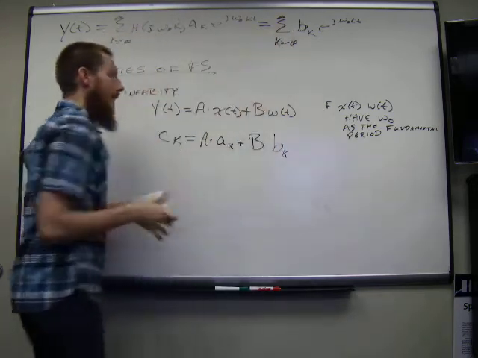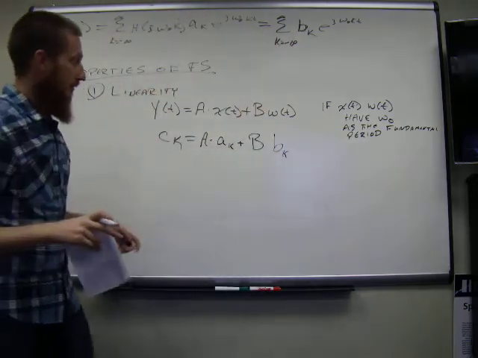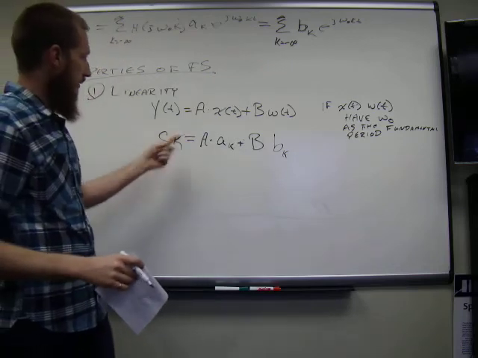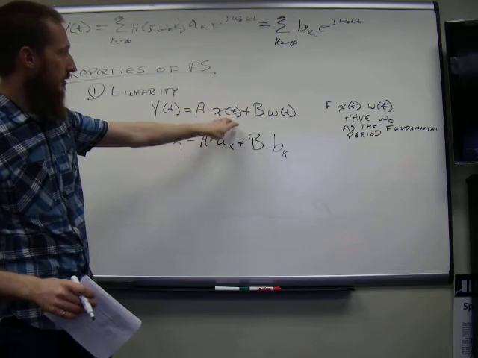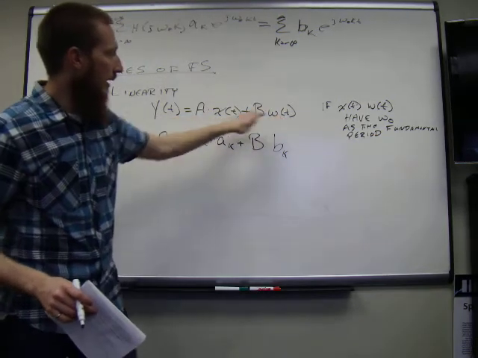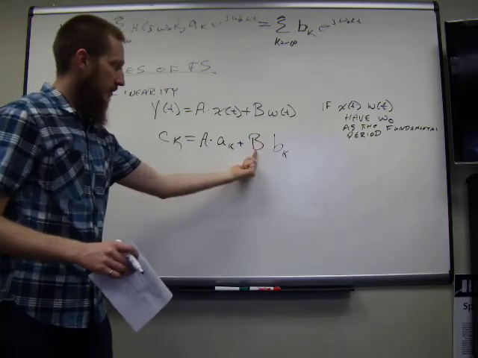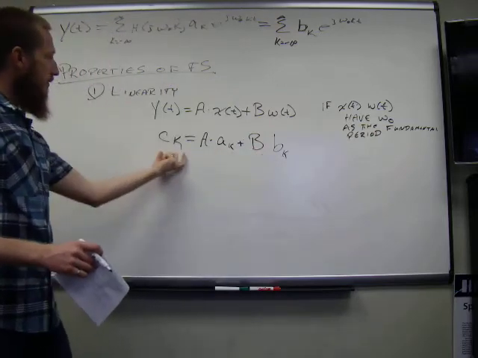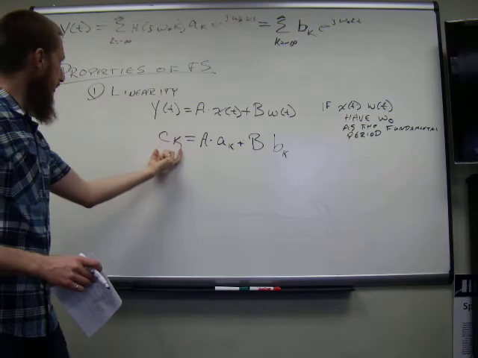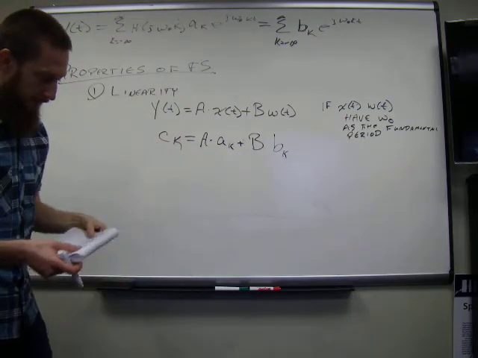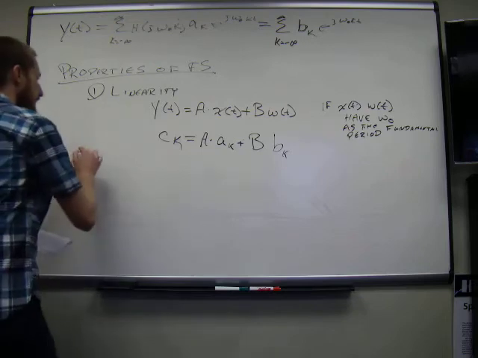This b is not that b. The notation is oftentimes confusing. All this is showing is that if you determine the Fourier series coefficients for these two signals, and they have the same fundamental frequency, you can scale them and add them to find new Fourier series coefficients, c of k, that describe y of t.